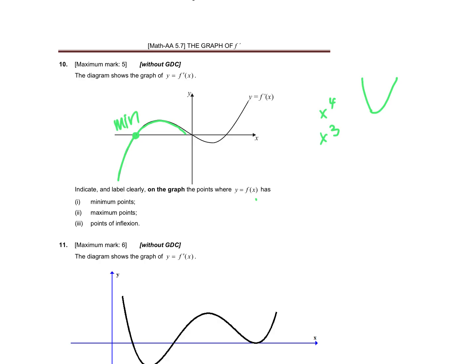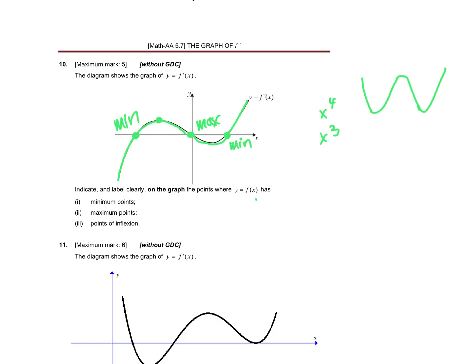And then it's going to be positive gradient here, and then it becomes negative. So this is going to be the maximum. And then it's negative there, and then it becomes positive again here. So that is another minimum. Okay, the point of inflection is where the derivative of the derivative is 0.